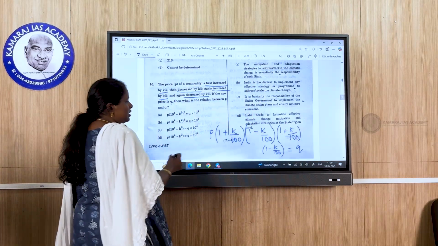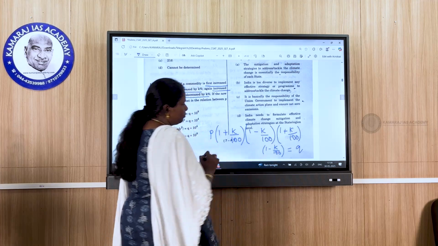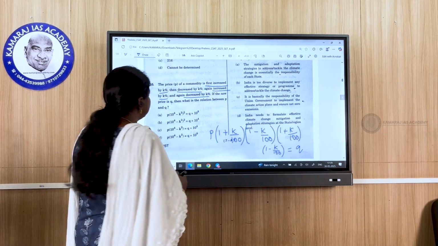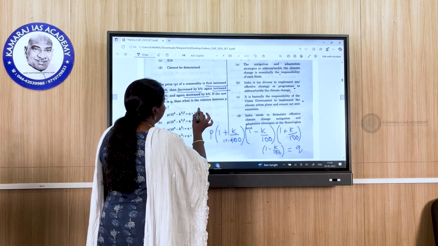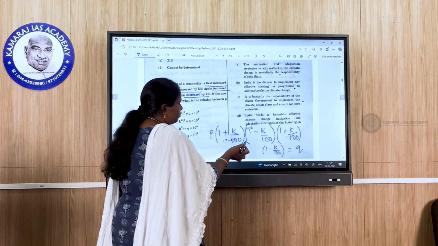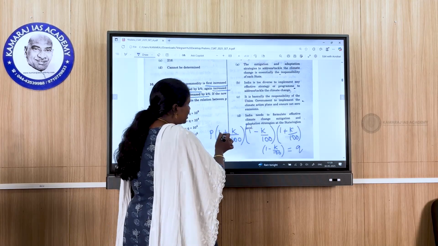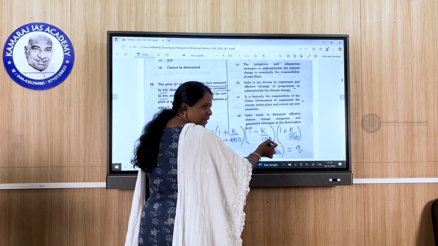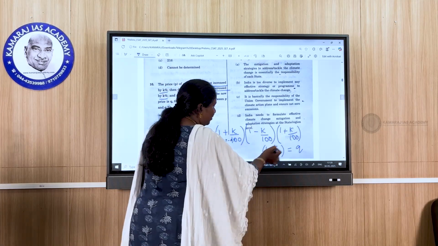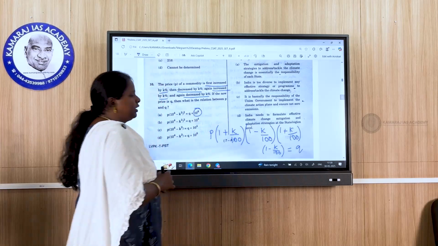So if you do this, I am having 100, 100, 100 and 100, I am getting 4 hundreds, right? So if I take 4 hundreds, I will be getting 2, 4, 6 and 8, right? The denominator, if I take LCM also, this is 100 plus K, 100 minus K, 100 plus K and 100 minus K, but the denominator I will be having 4 hundreds, which is 10 power 8.